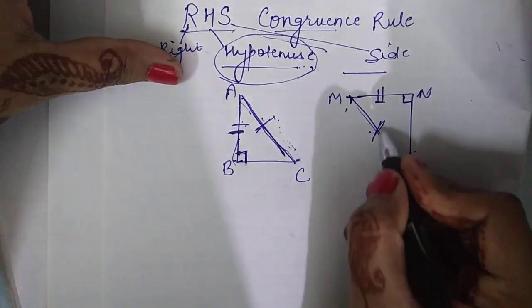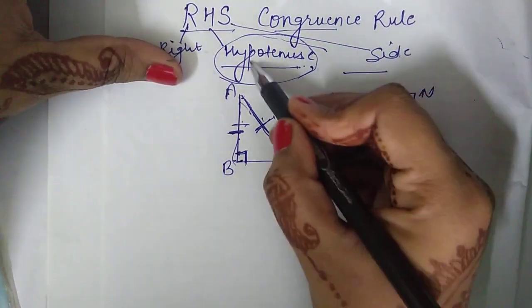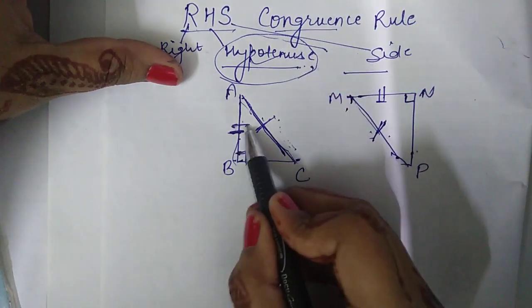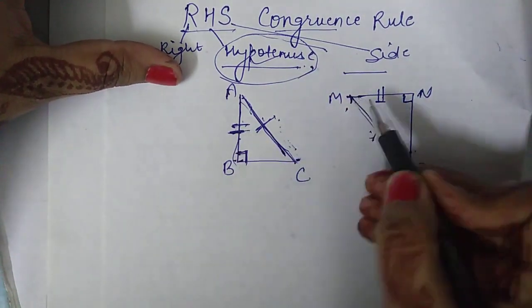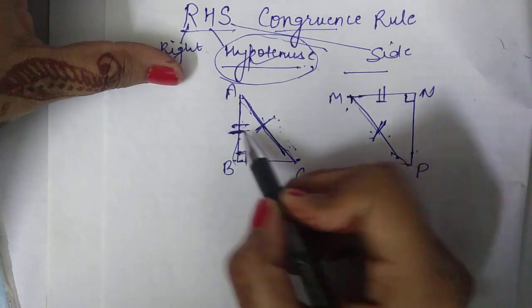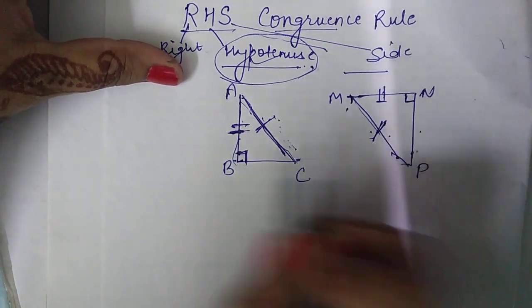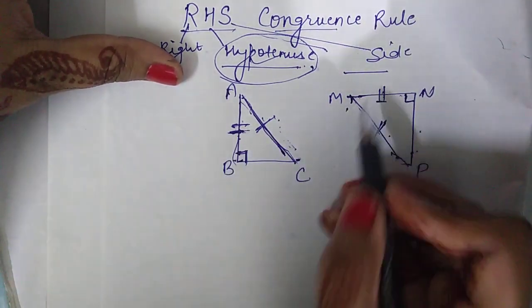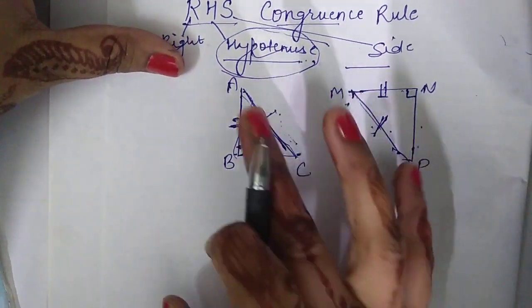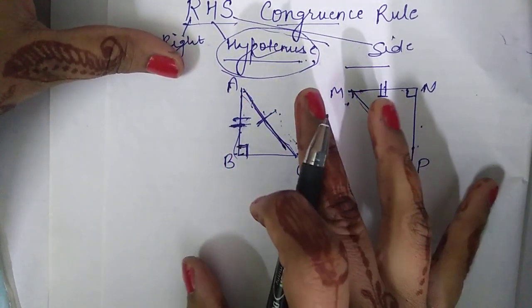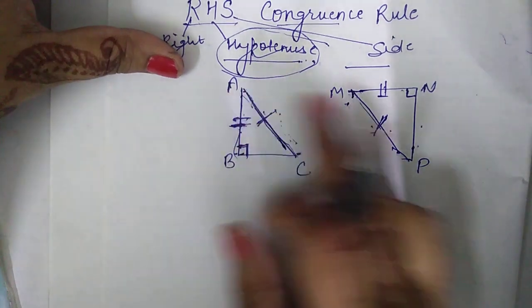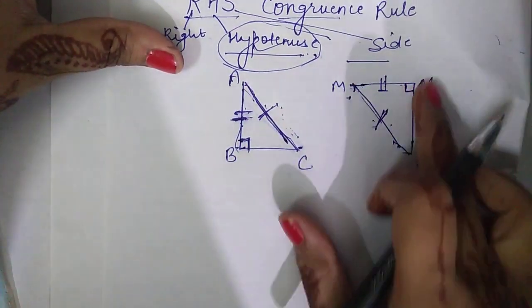So the hypotenuse is equal, and any side other than the hypotenuse, this may be equal to this also. Here it is given that these two are equal. So by the RHS congruence rule, we can say triangle ABC is congruent to triangle this one.